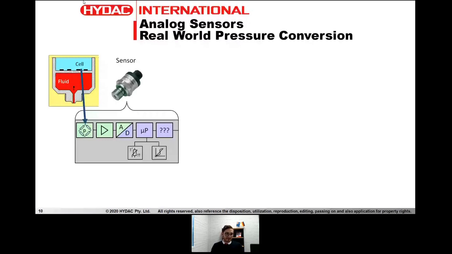Then when that value changes, it goes through an amplifier, which is the triangle looking thing after the Wheatstone bridge, which is the 4 resistors with the P on the left-hand side. Then it goes through the amplifier into an analog to digital converter, and from that converter, it goes into a microprocessor.